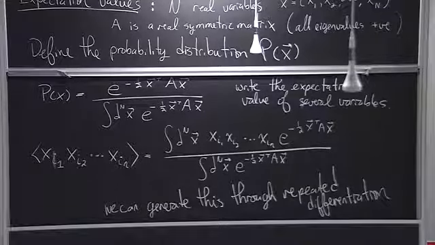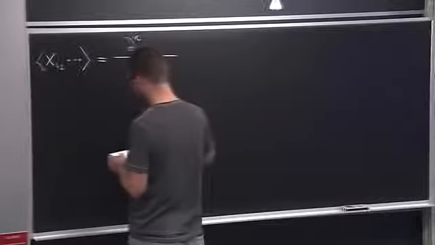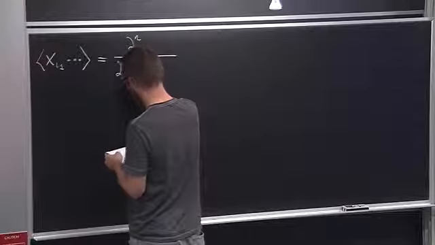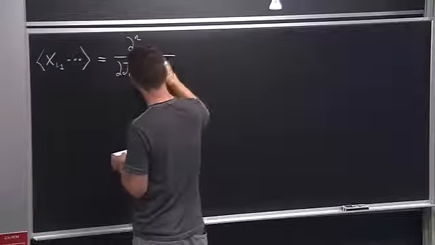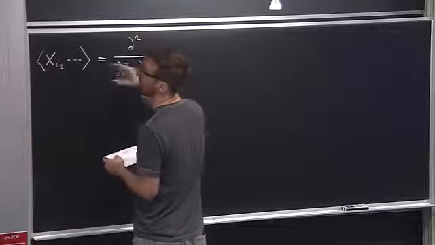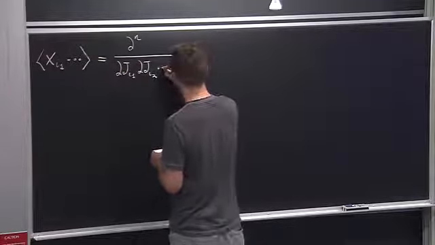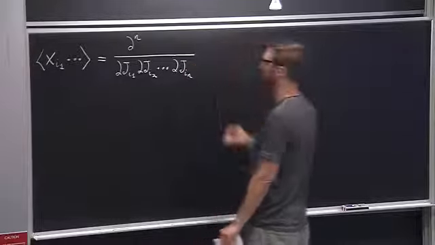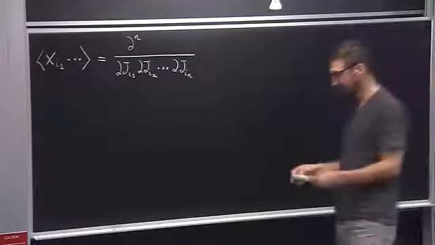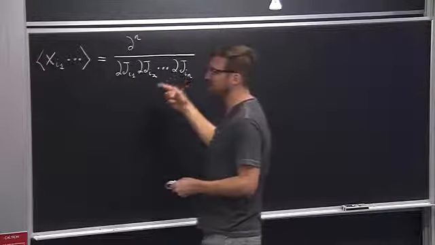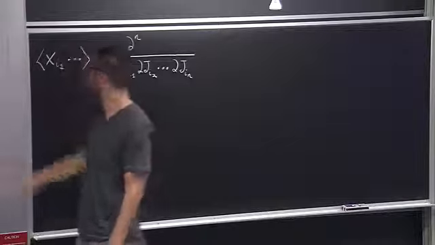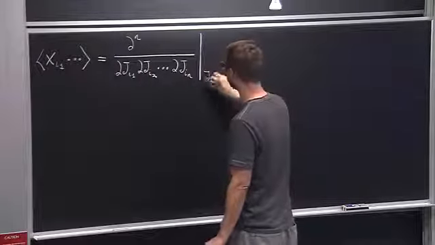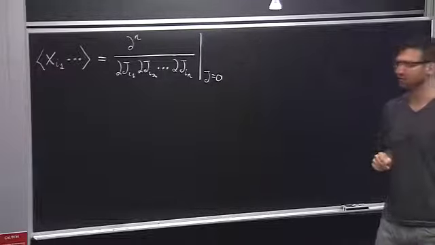This expectation value is generated by taking small n partial derivatives with respect to a variable I'll call j, partial j_i1 up to partial j_in. These j's don't occur in the expectation value, so at some point I'm going to set them all to 0 after taking the derivative.